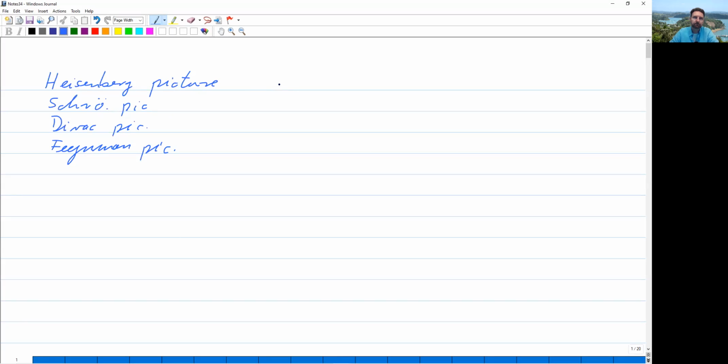Remember that when we want to calculate a prediction for an observable, f bar of t, then this is always this expression, u hat dagger of t, and then f hat, and then u hat of t, and psi.